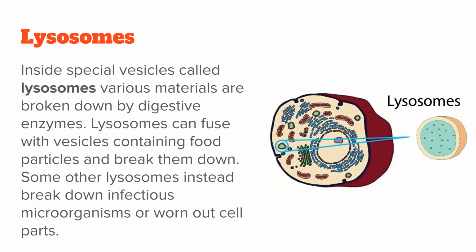There is a very special type of vesicle that we call a lysosome. Now, a lysosome is one of those examples of when you want to keep the chemicals contained. A lysosome contains digestive enzymes, chemicals which will break down other chemicals, including the cell itself.